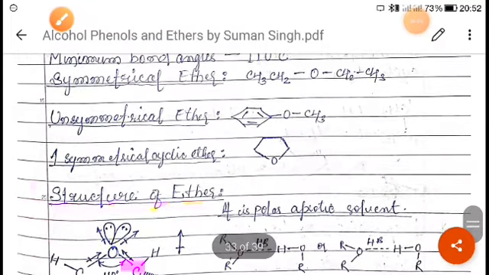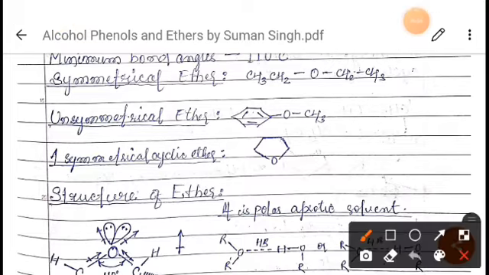Now one more thing: ether may be further subdivided. The ether in which one of the groups is aryl while the other group is alkyl is called what? Alkyl aryl ether, or phenolic ether. Always try to understand this.